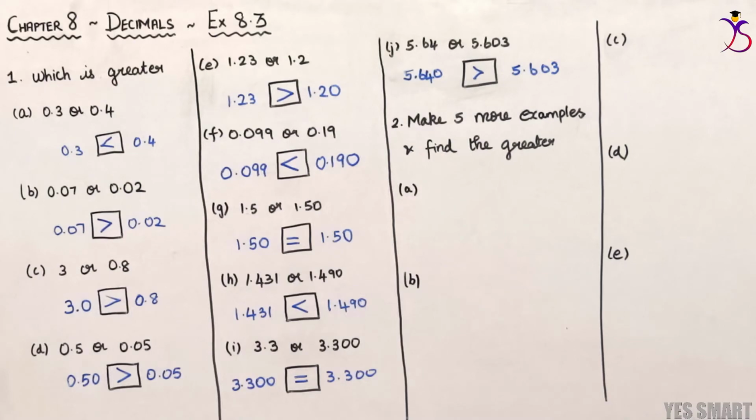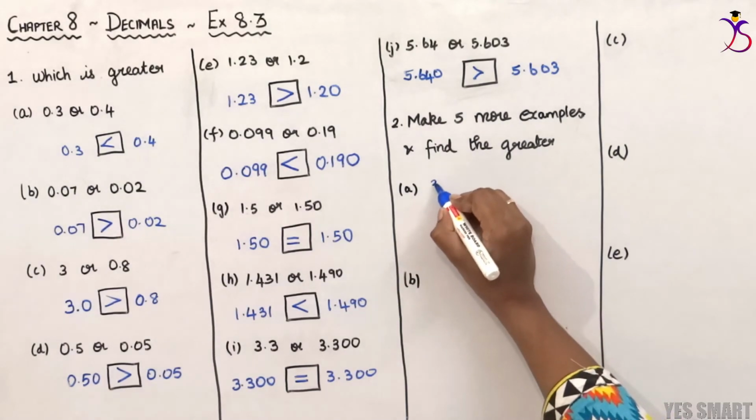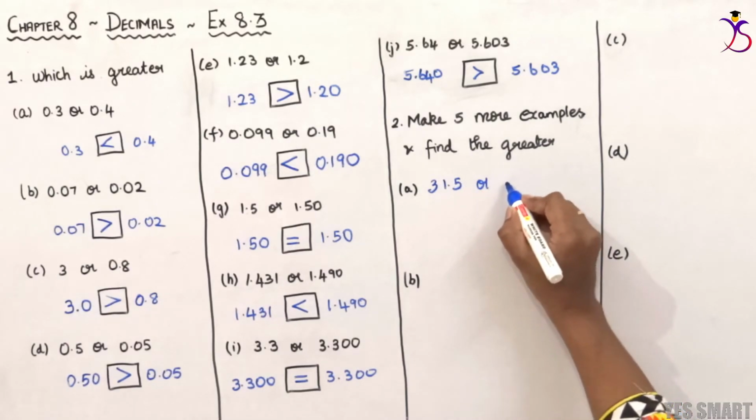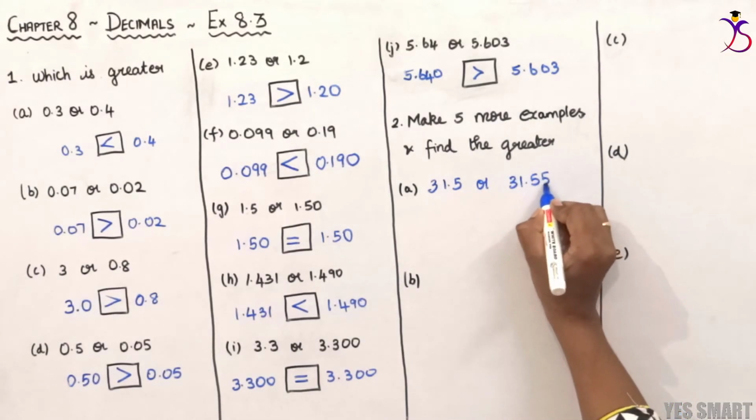Now second sum, make 5 more examples and find the greater. We have to give our own examples and compare. So it's purely our choice to take any values as examples. Let me take a few examples, 31.5 or 31.55.